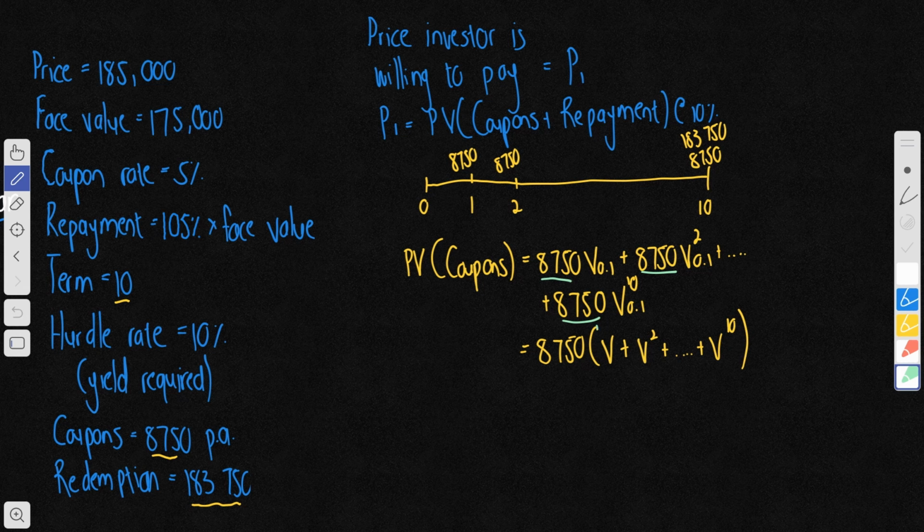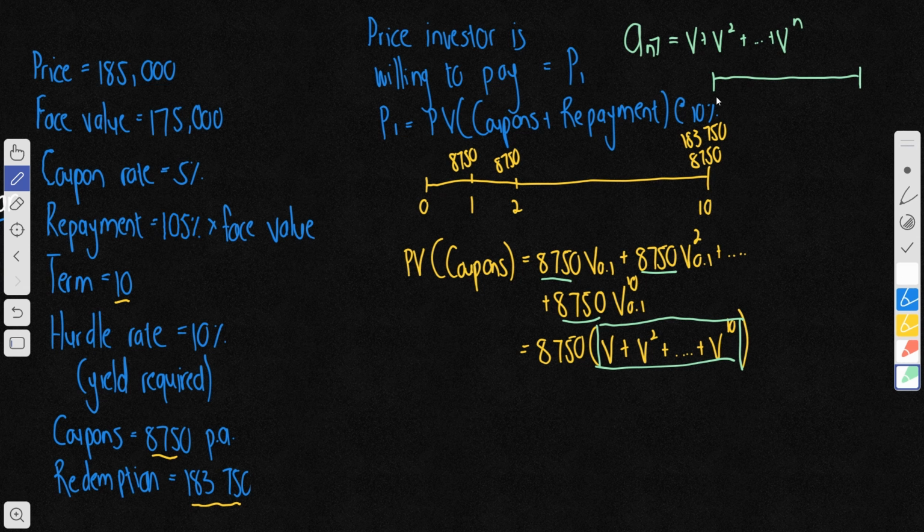This term in brackets should look familiar because this is the formula for an annuity that pays $1 at the end of each year for the next n years. And those payments are made in arrears. So in other words, we have a timeline running from 0 to n. At time 1, there's a payment of $1.